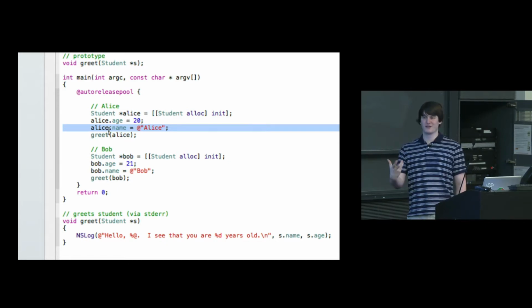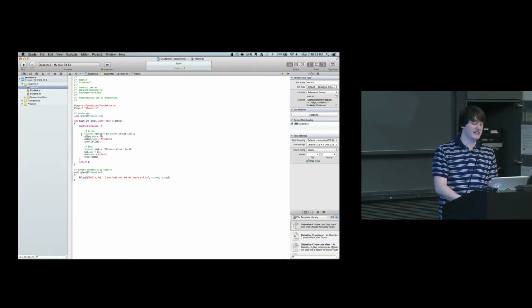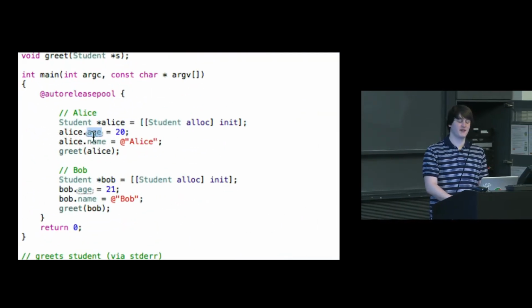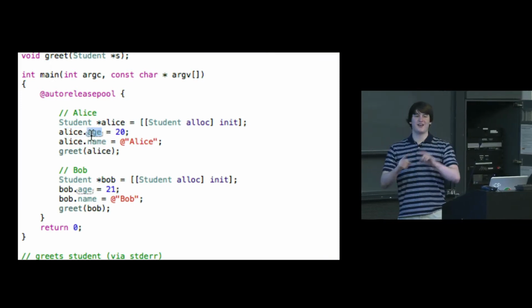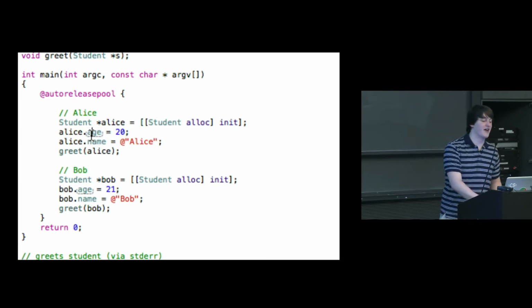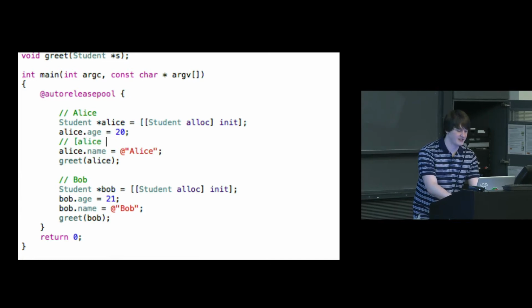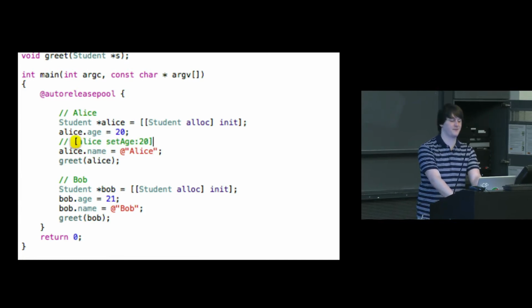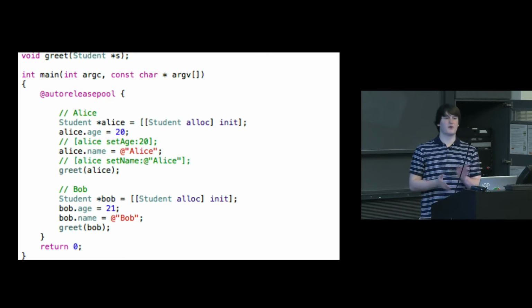What a property does for us is, since we said there is a property called age, then alice.age is, by the conventions that you should absolutely follow, going to be translated under the hood to [alice setAge:20]. And this is going to be [alice setName:@"Alice"]. So this is what properties have done for us.